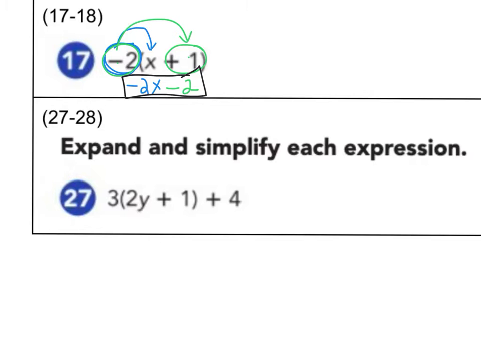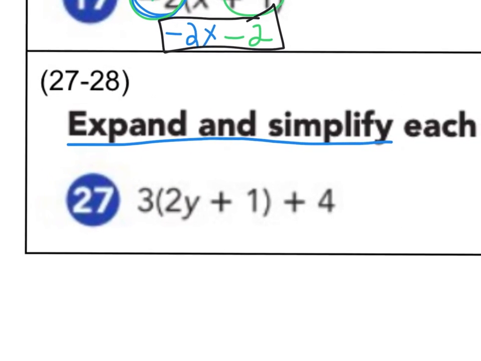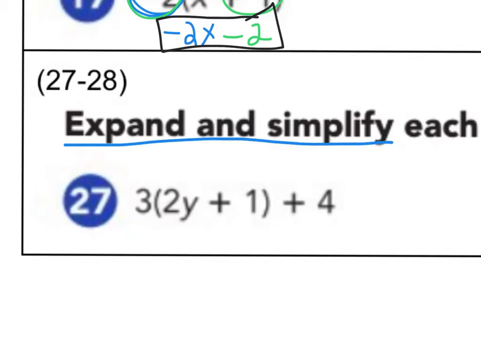Okay, this one says expand and then simplify each expression. And we have to expand because we have parentheses right here. So I'm just going to expand that first. I'm going to try to get rid of these parentheses. Okay? Here's how you do that. 3 times 2 will be 6y plus 3 times 1 is 3.